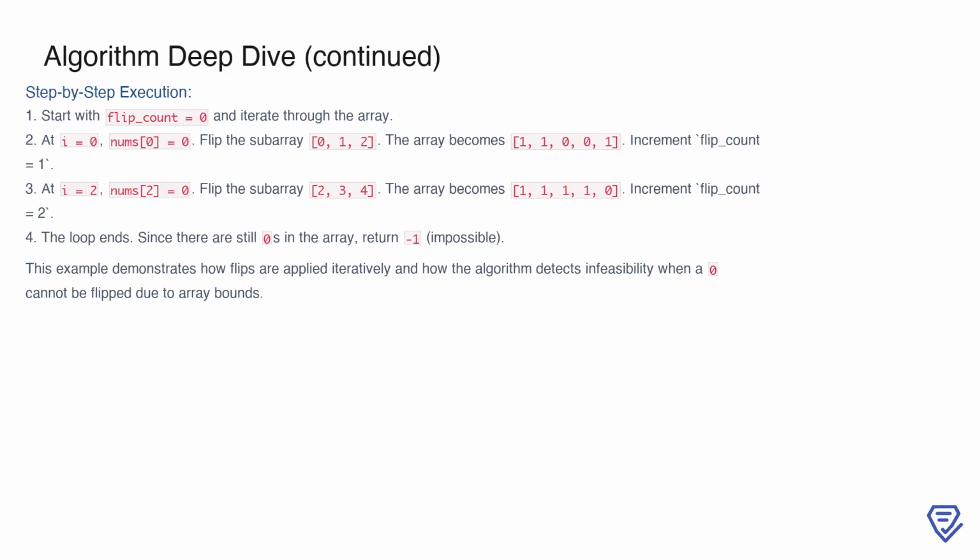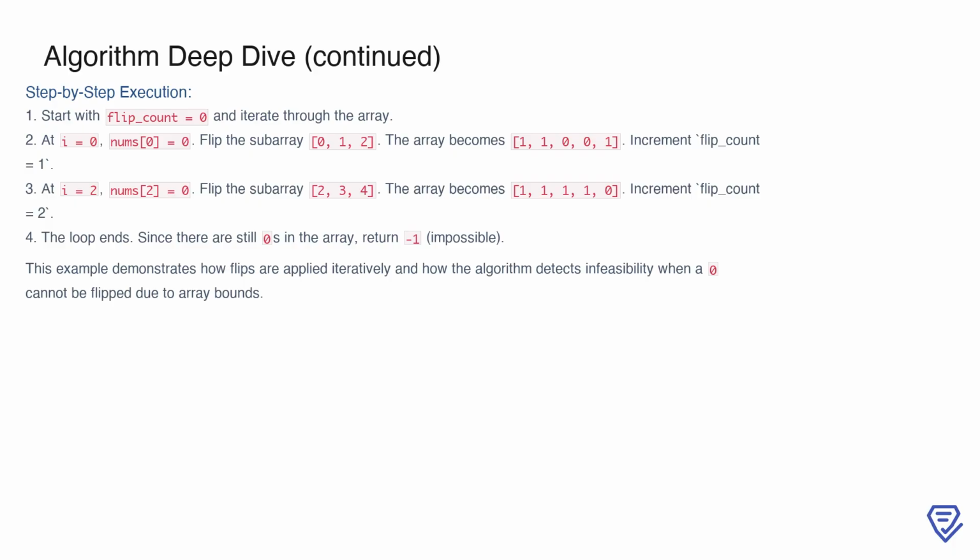We start with flip_count equals 0 and the input array nums equals 0, 0, 1, 0, 1. At index i equals 0, nums[0] is 0, so we flip the subarray 0, 1, 2. After this operation, the array becomes 1, 1, 0, 0, 1, and we increment flip_count to 1. Moving to index i equals 2, we see that nums[2] is 0, so we flip the subarray 2, 3, 4.